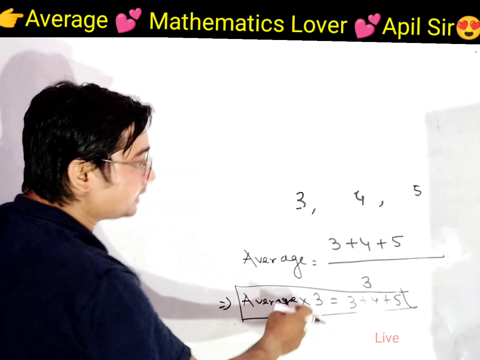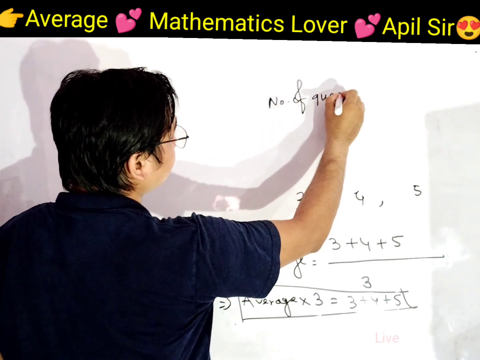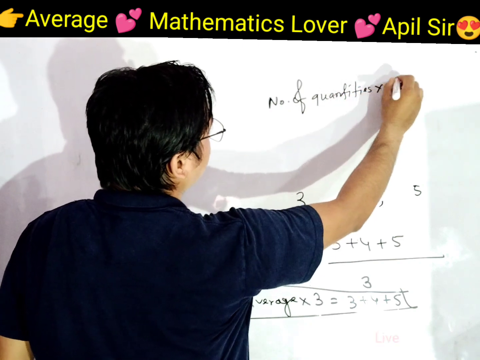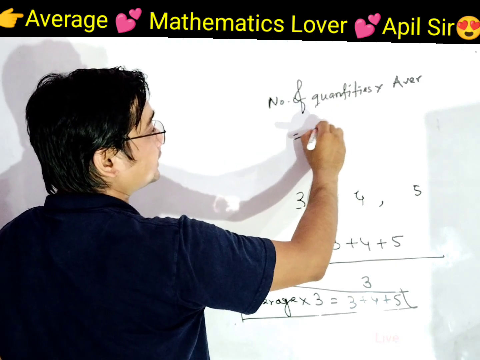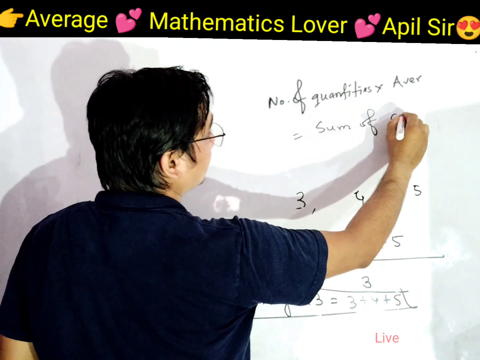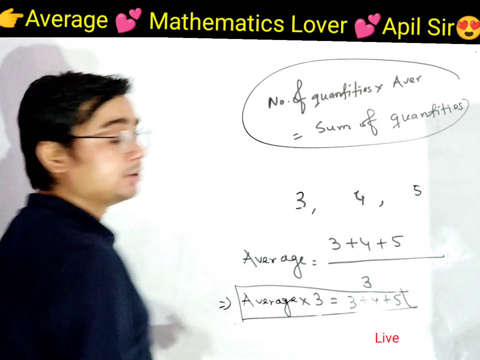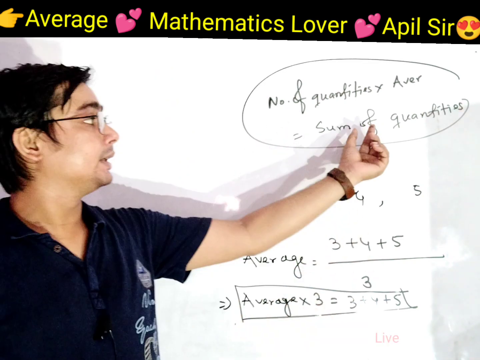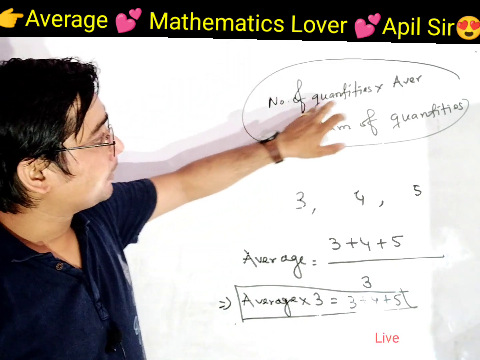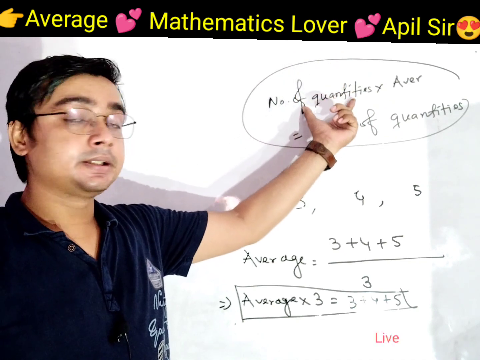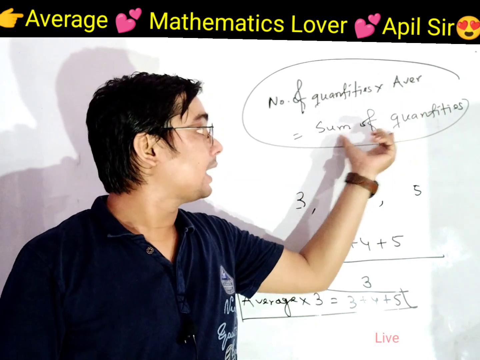That is, number of quantities into average equals the sum of the quantities. You have to remember this expression first, then with the help of this concept we'll discuss some important questions. The concept is this one: number of quantities multiplied by the average is equal to the sum of the quantities.